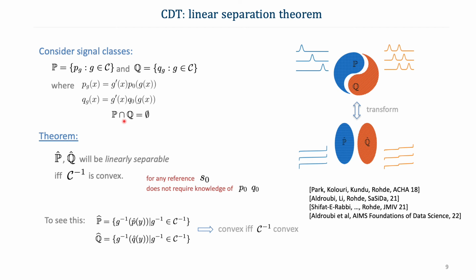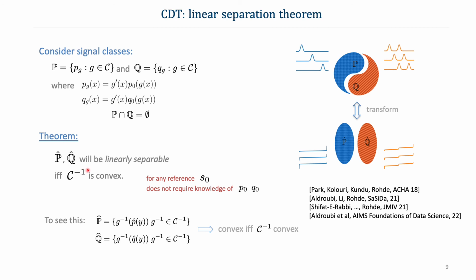Then, from what we just saw, we can postulate that these classes in transform space, in CDT space, will be linearly separable if and only if the class of confounds in its inverse form is convex.